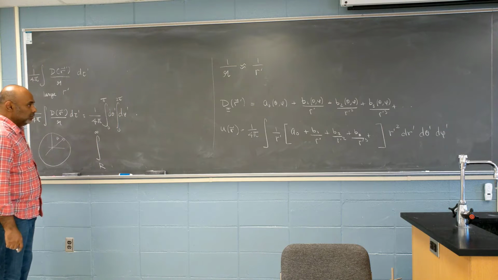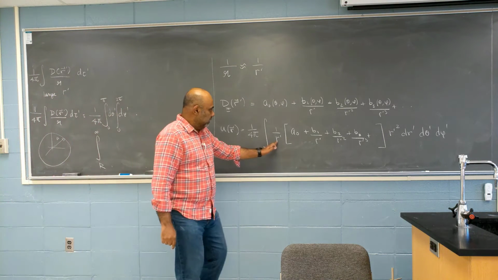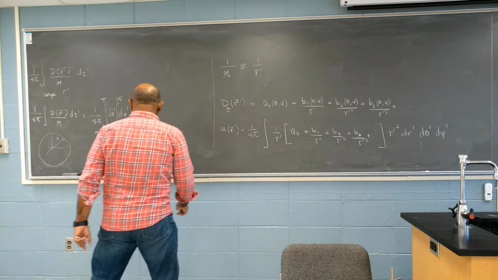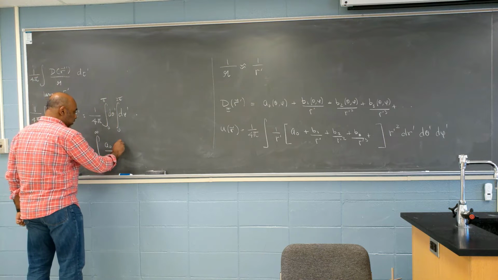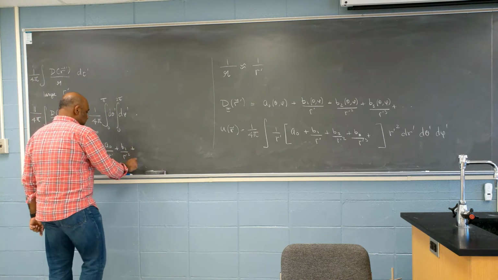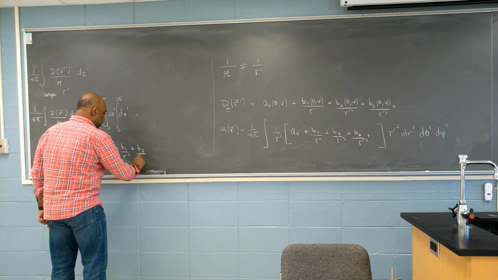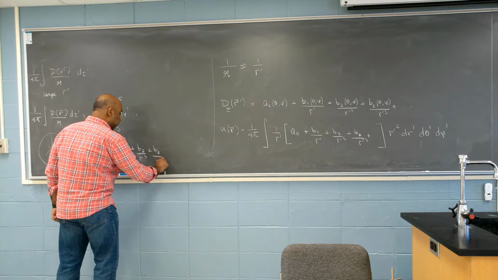of, I'm going to carry this in here, and I have A0 over R prime plus B1 over R prime squared plus B2 over R prime cubed plus B3 over R prime to the 4th.